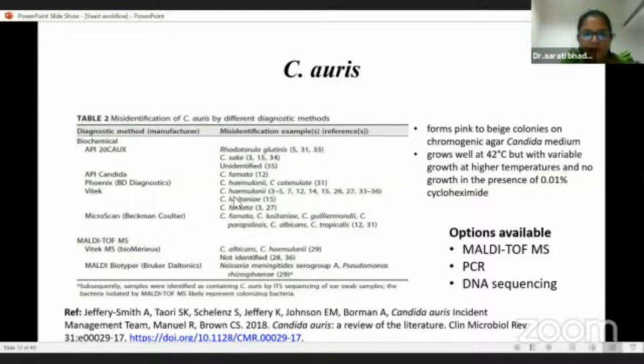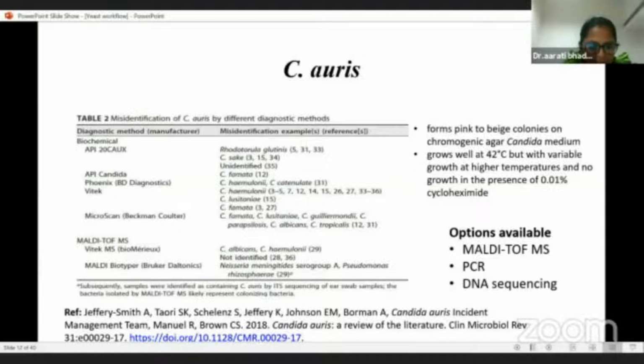In the Vitek, Candida auris is misidentified as haemulonii or lusitaniae or famata. The API misidentified Candida auris as C. famata, and the API 20 C AUX system as Rhodotorula or unidentified. It will not give Candida auris. Microscan Beckman culture will misidentify Candida auris as C. famata, lusitaniae, guilliermondii, parapsilosis, albicans or tropicalis, anything.